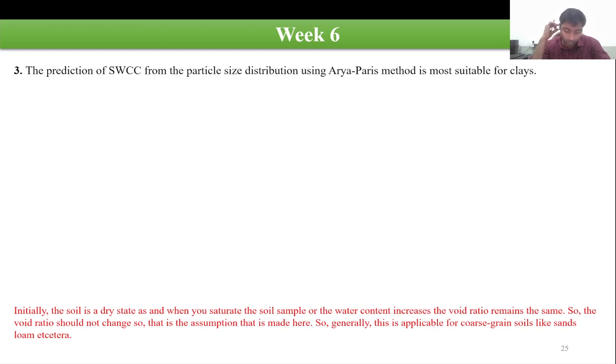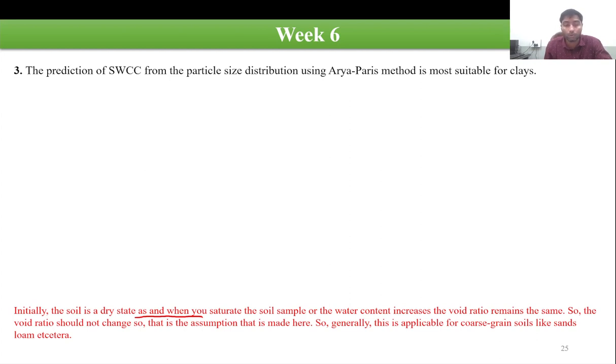And then we have the third question that says the prediction of SWCC from particle size distribution using the RFRS method is most suitable for clays. So the answer to that is that, basically, initially the soil is in a dry state, and when you saturate the soil sample or the water content increases, the void ratio remains the same. That is assumed in this method.